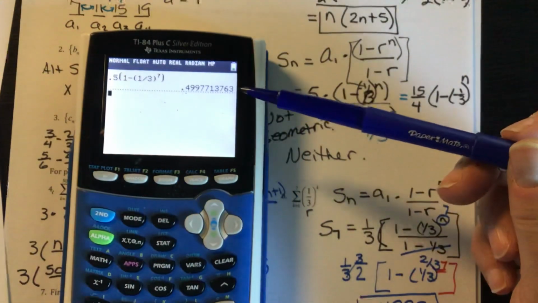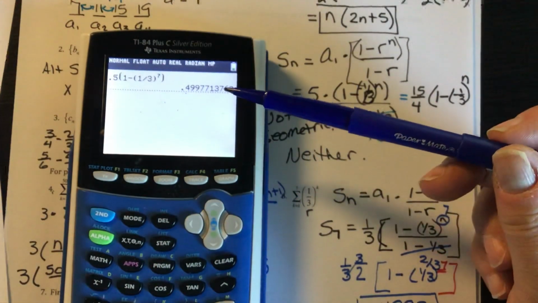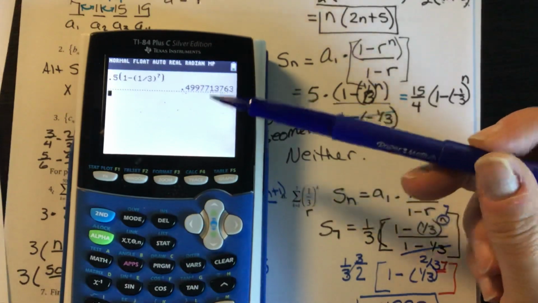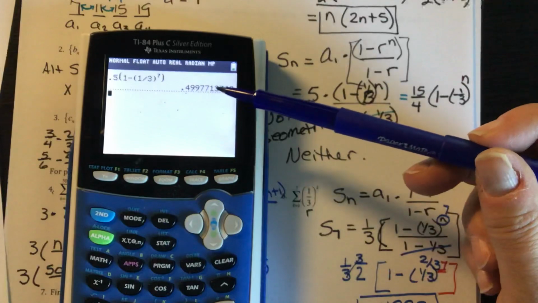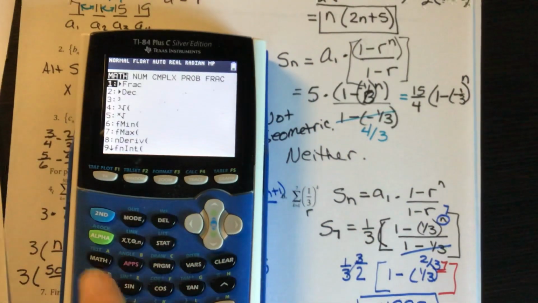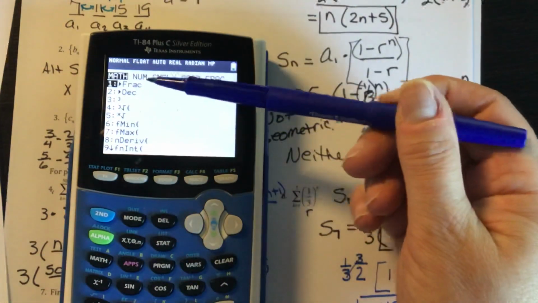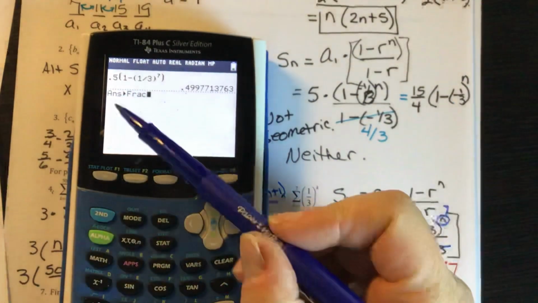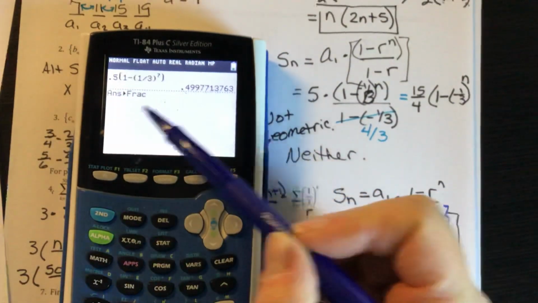Now, a few minutes ago, I changed a fraction to a decimal. I can go back here. I can change this back to a fraction by saying, okay, I push the math button, and the first term in the menu is fraction, so I'll push that. And they're just saying, do you want your answer written as a fraction?